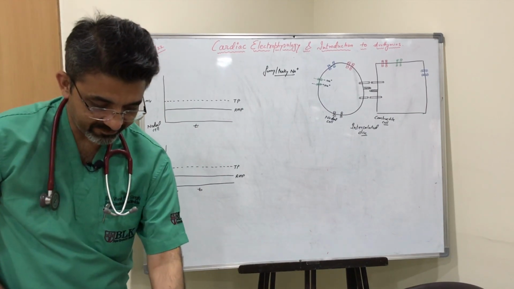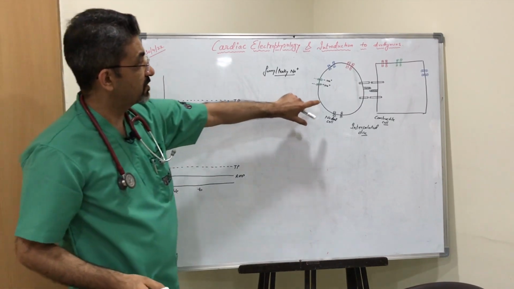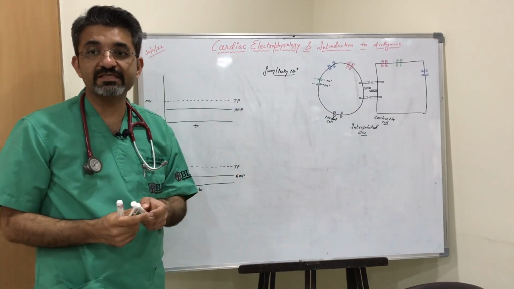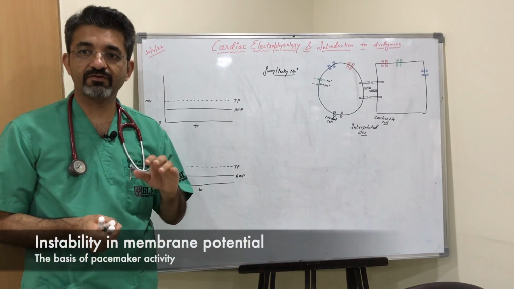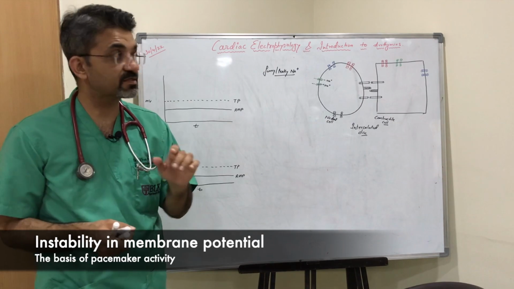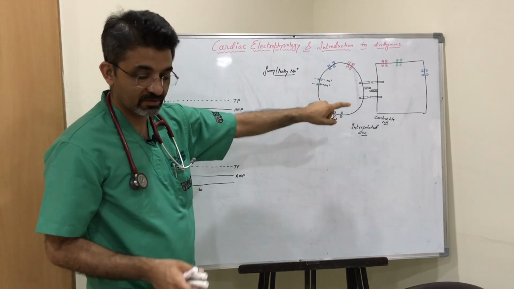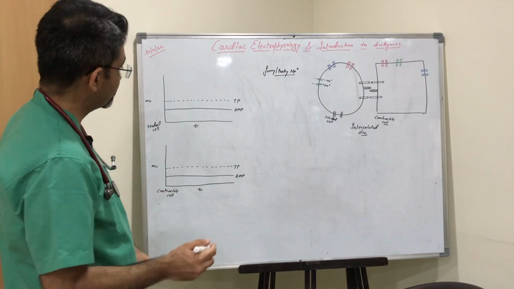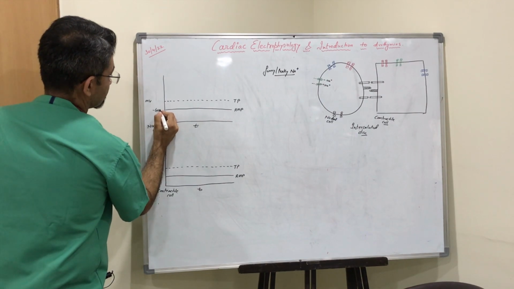Now you just have to visualize one thing, that the resting membrane potential of a nodal cell is not stable. The resting membrane potential of a nodal cell is unstable, meaning there is a constant leakage of sodium from outside to inside. So we have a resting membrane potential in a nodal cell which is say around minus 60 millivolt.